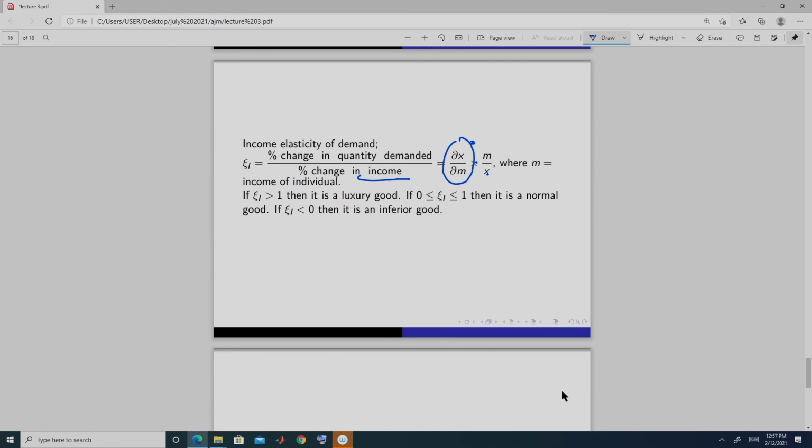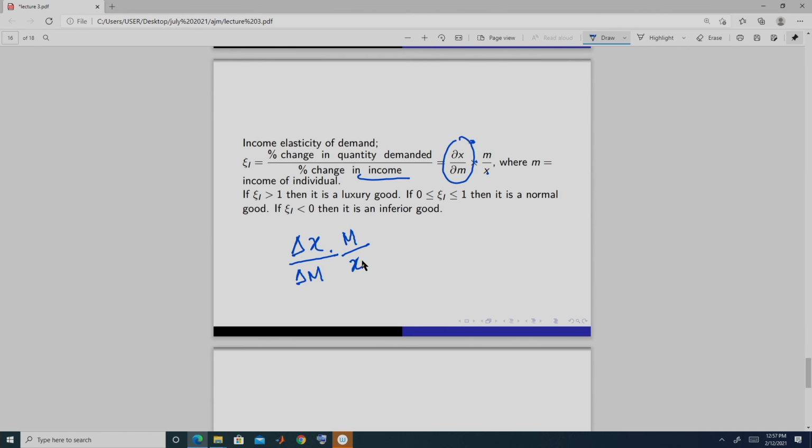This is what we call it at a point. Okay, so this is the change in quantity demanded due to changes in income, and this is the initial income and the initial quantity demanded.